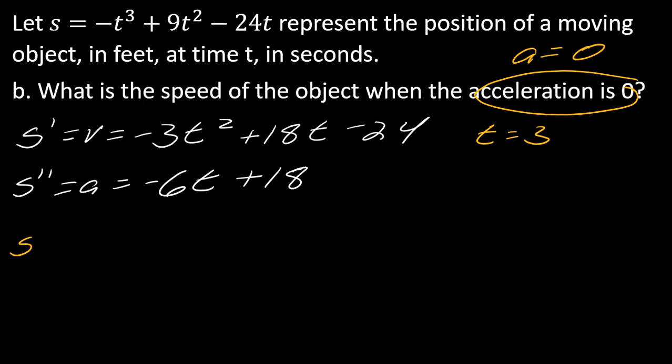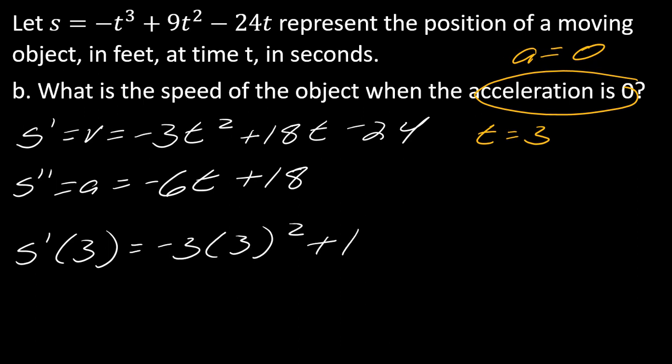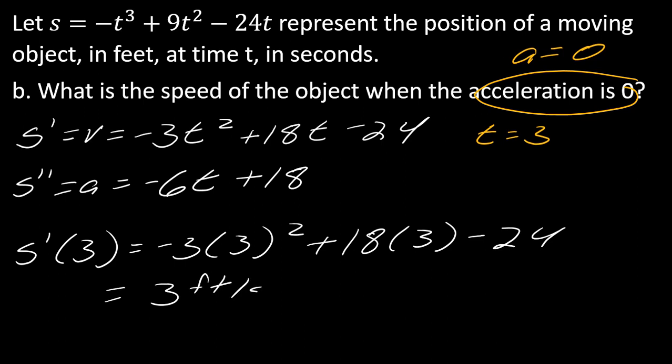I'll use the white color here. So s prime of 3 or v of 3, whichever you want to call it. I'm just plugging this right into my velocity equation, and what I get out from this is 3. So that would be 3 feet a second.